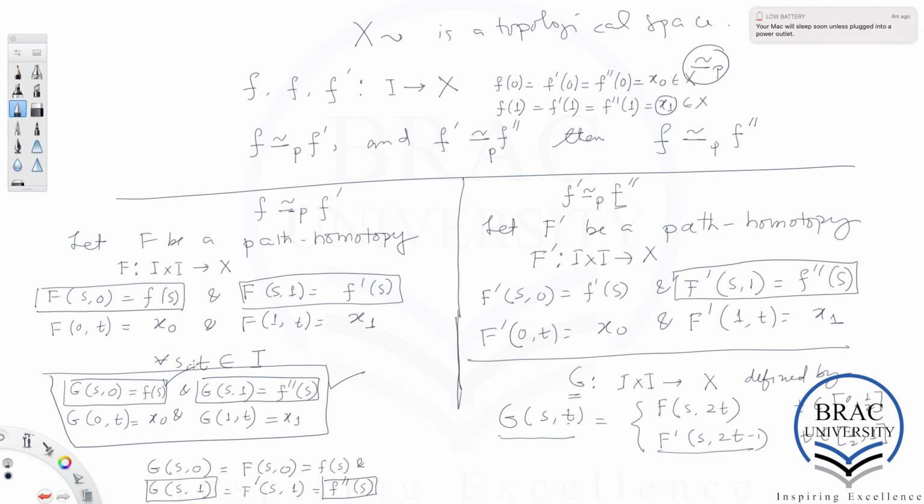Now I have to check these two equalities.